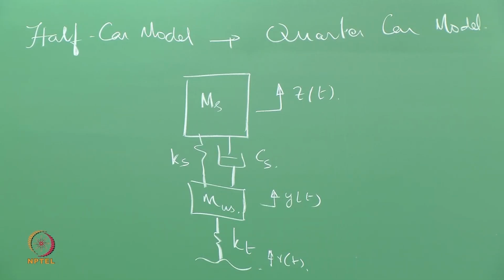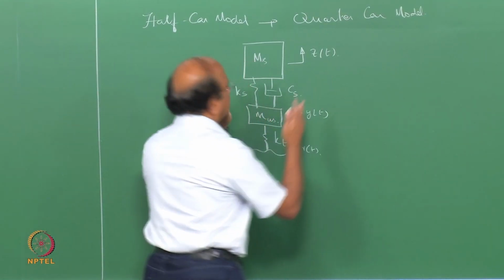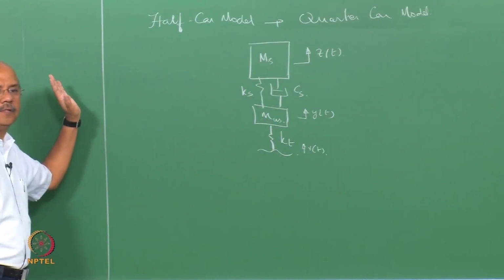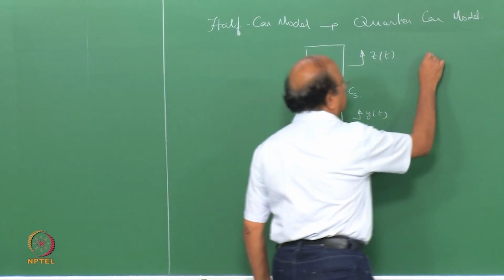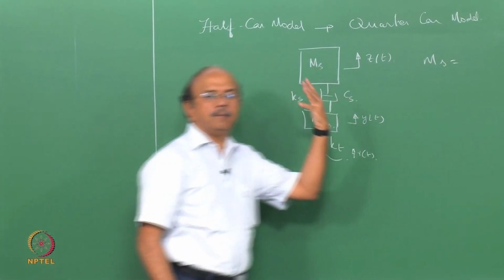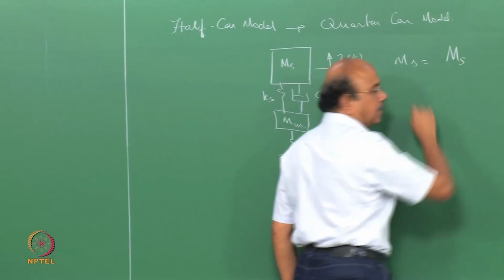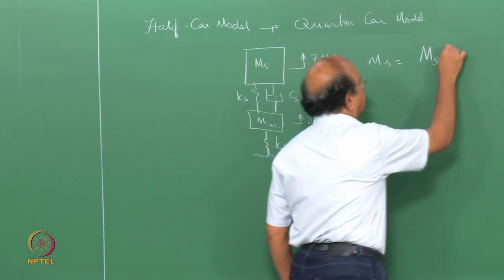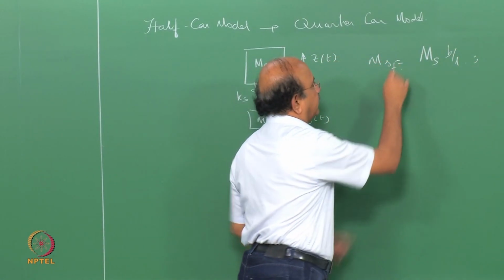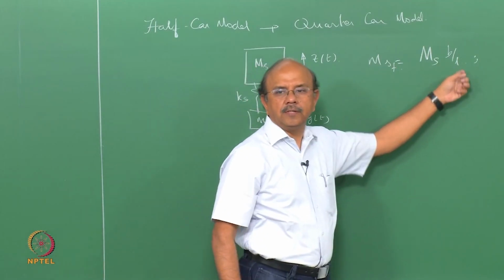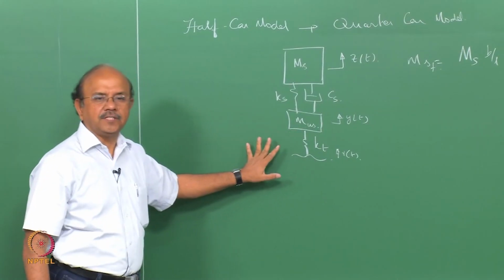Now, let us write down the equations for this. As I said, this is cut into two halves, the front and the rear, and we had put ms to be the distributed mass between the front and the rear from the total sprung mass, which we called B by L. This is in the front. And for the rear, we said that it is ms into A by L. So the system is the same.